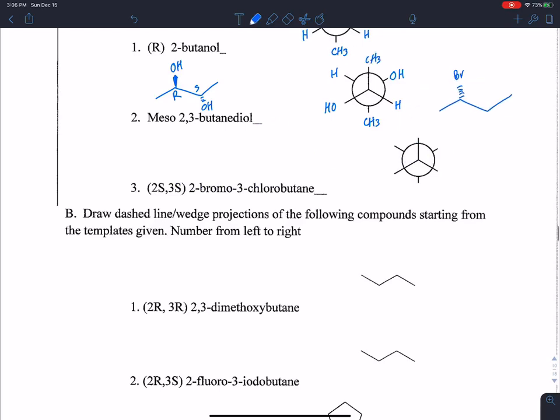So we make this a dashed chloro, because then it goes 1, 2, 3. This is R, but it's actually S. Okay, so you would make this, which just looks like Br, Cl, CH3, and then CH3, and these are H's. So you would get that.